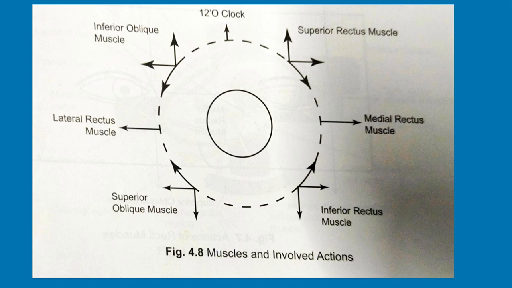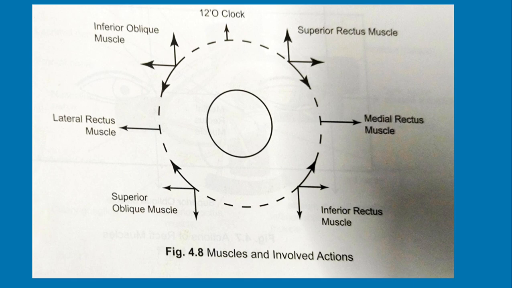In an abducted eye, in an already laterally moved eye, the inferior rectus only does one action, like the superior rectus. Depression.